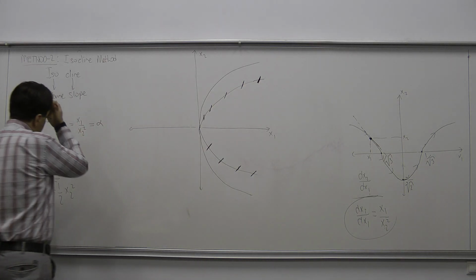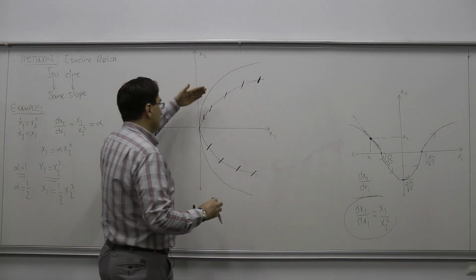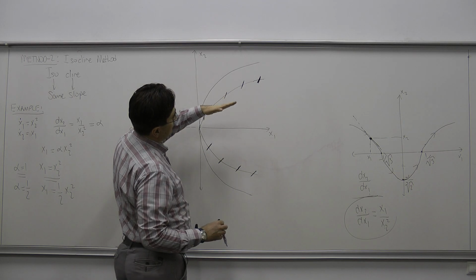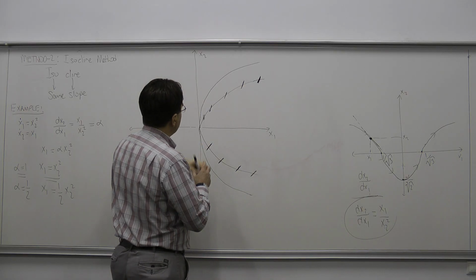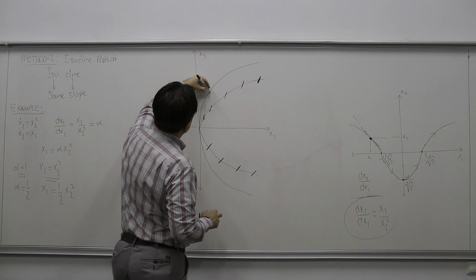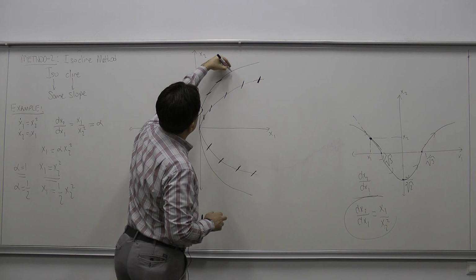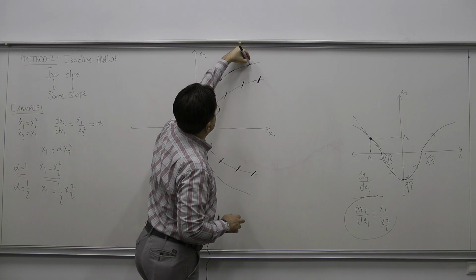And we see that the slope of the points on that curve should be 1 over 2. This is slope 1, this is slope 1 over 2, and this might be slope higher than 1. So slope 1 over 2 is going to look like this, a more horizontal line here. Here it's almost parallel.